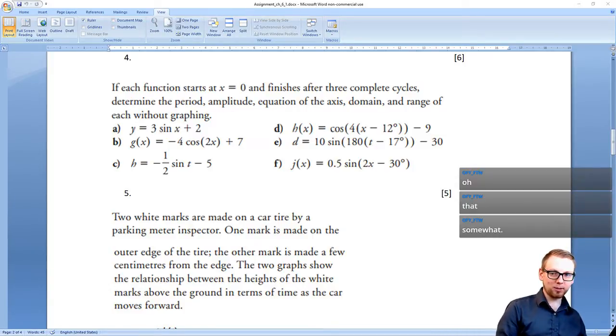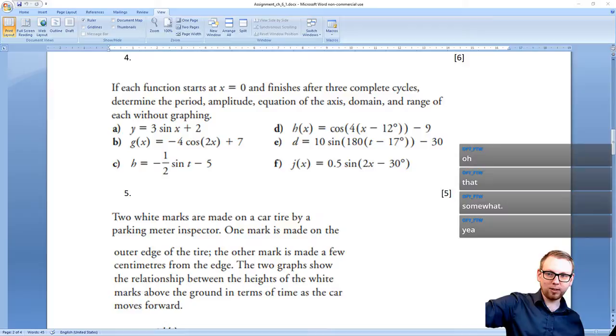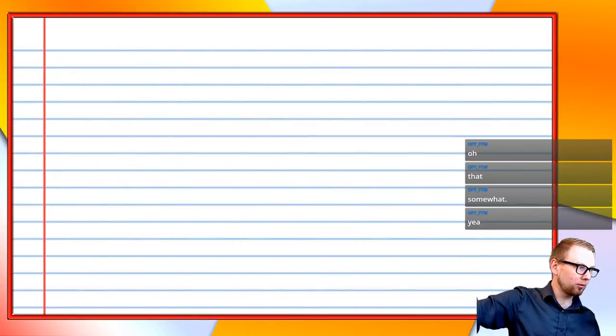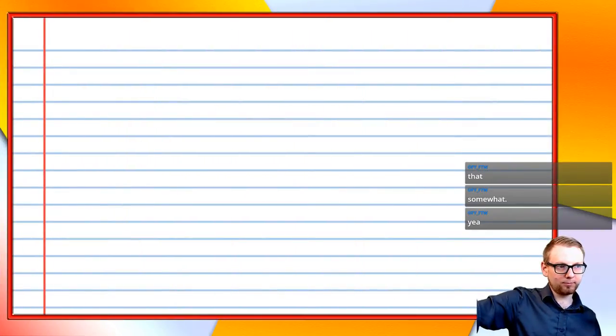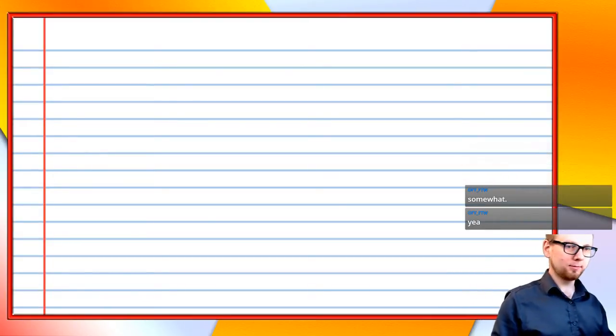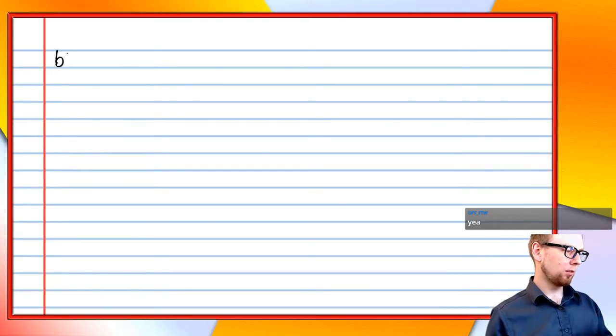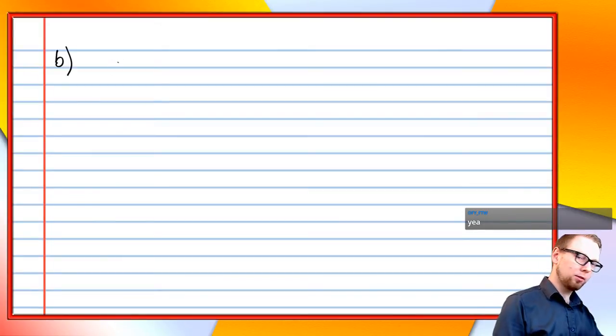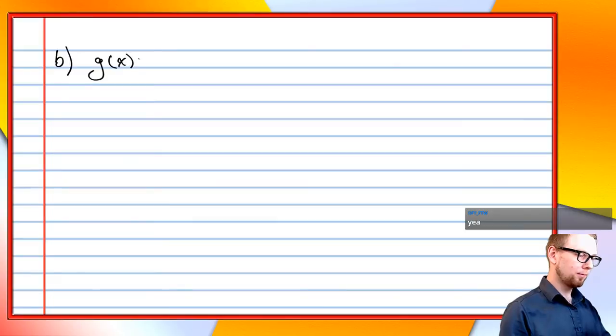Because I'm going to take this away in a second. Okay, we're on B, and we've got g of x equal to minus 4 cosine of 2x plus 7.